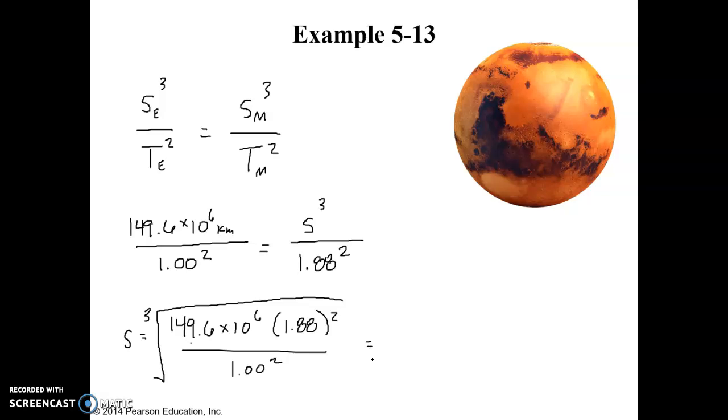So we calculate that. We should find that S is 228 times 10 to the 6th kilometers. That's the mean distance from Mars to the Sun, found using Kepler's laws of planetary motion.